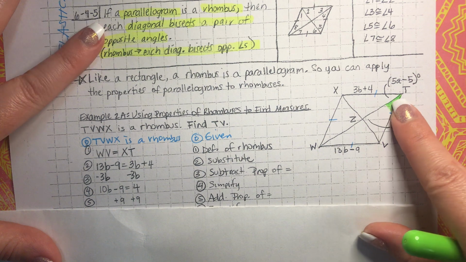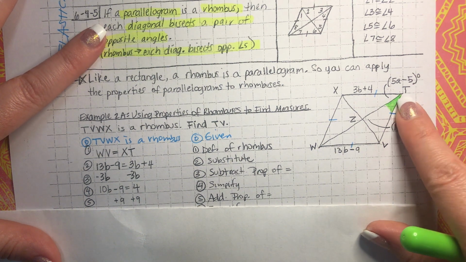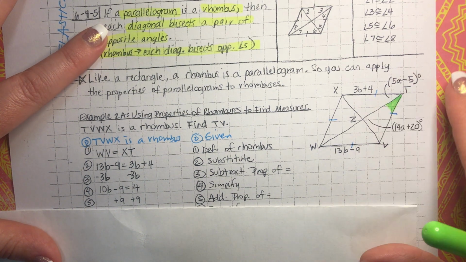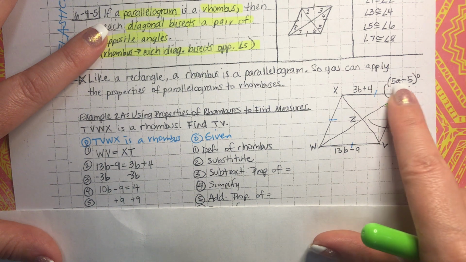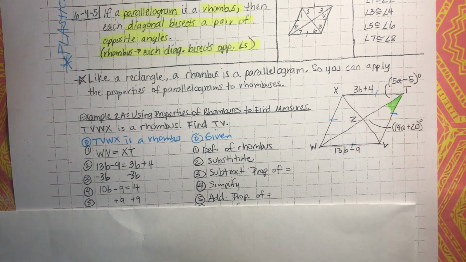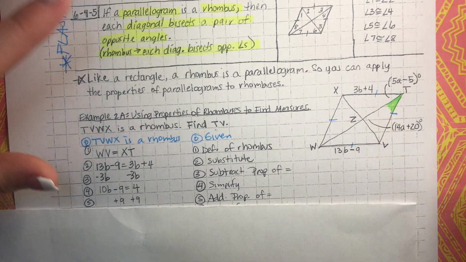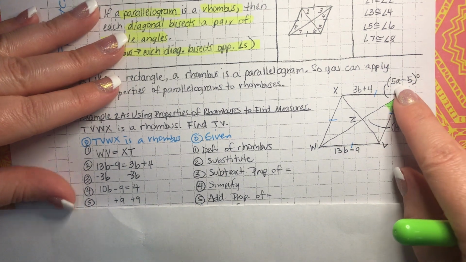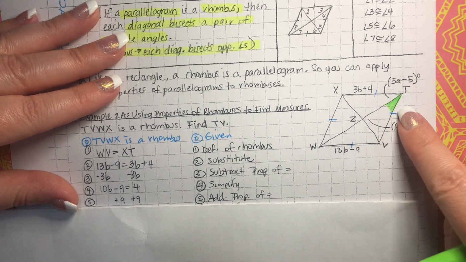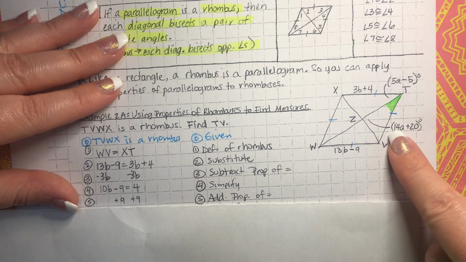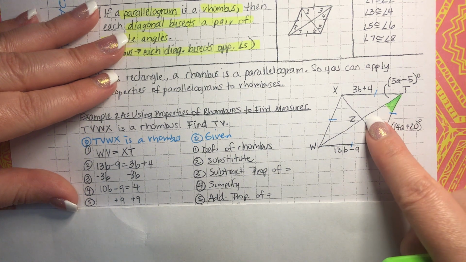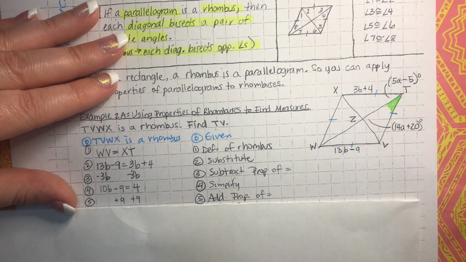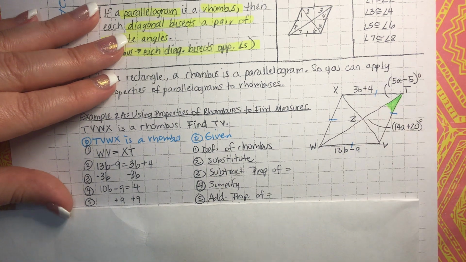So there is nothing for this angle. But since I know this one and this one are the same, and there's something for this angle, right? Okay, so that's something I know. But I need to figure out what a is. And that doesn't help me. But what else? It says 14a plus 20, and then it gives that angle. Now, why do you think that would be helpful?